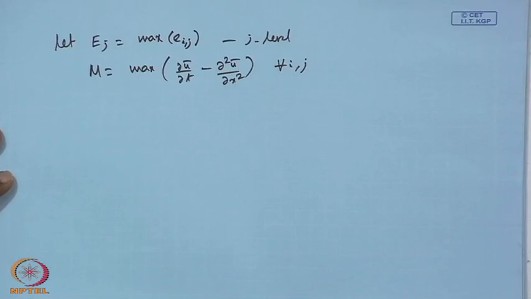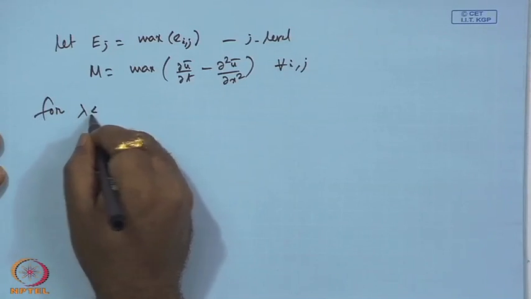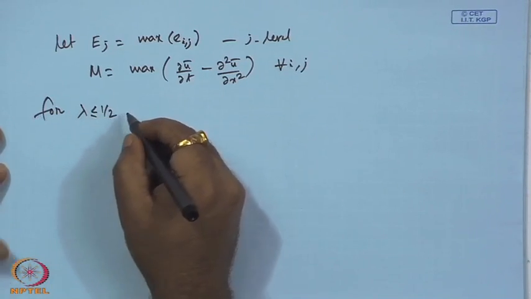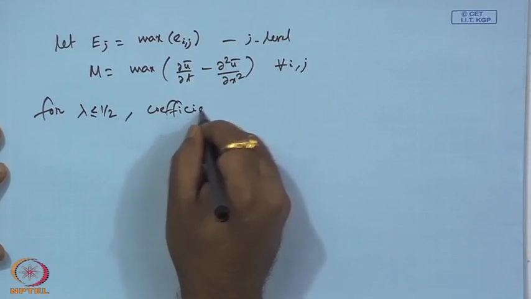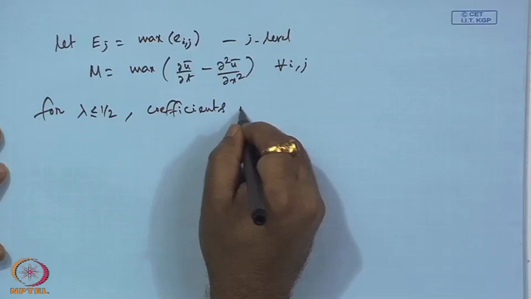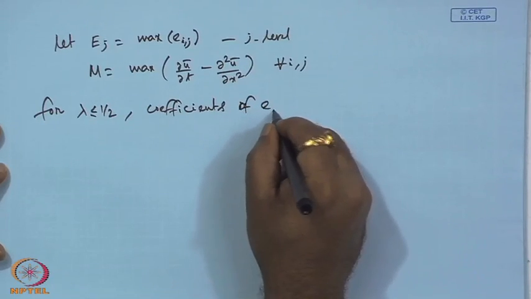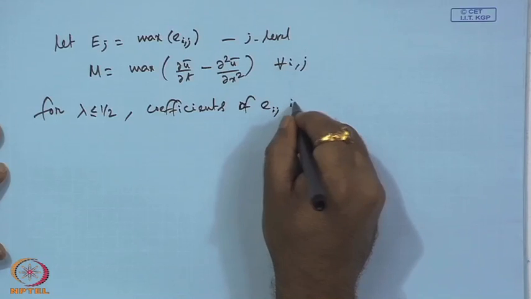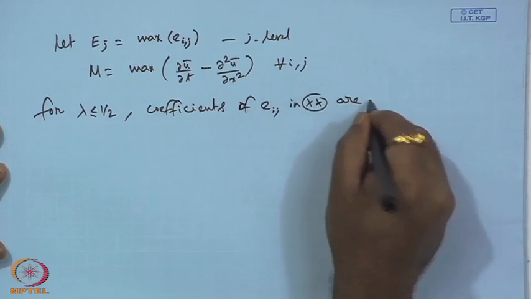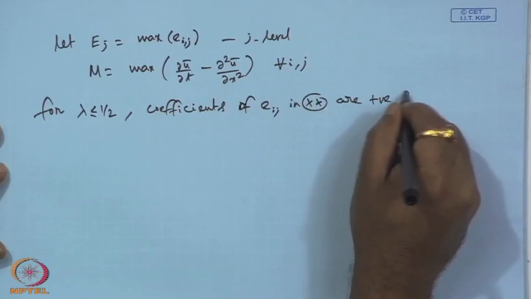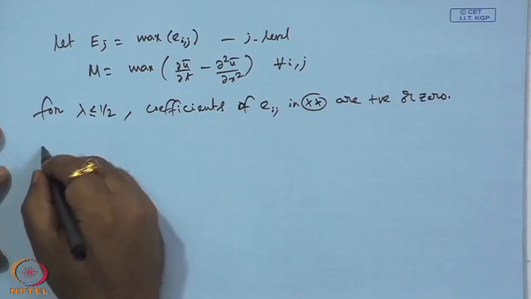Therefore, for lambda less than or equal to half, the coefficients of E_i^j in double star are positive or 0. This is an important remark.